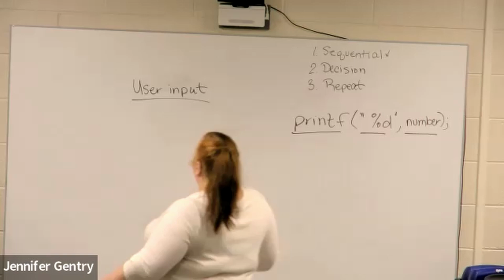A for has 3 different parts to it. Any guesses? Start, stop, and then increment or decrement. Do you guys know what those words mean? Increment means to add something to it.